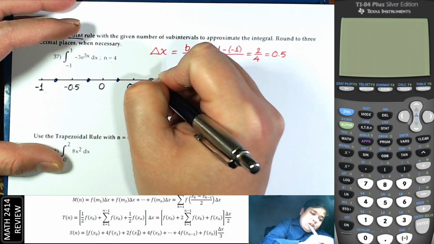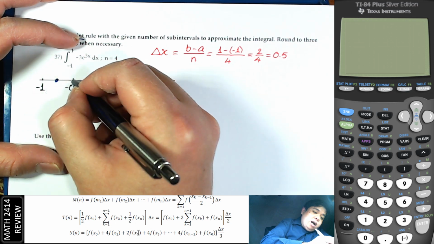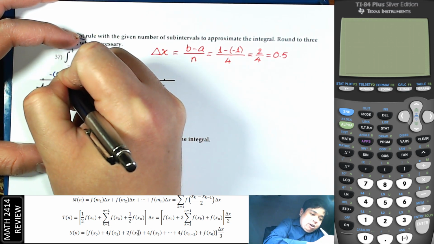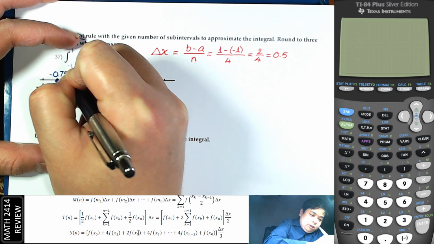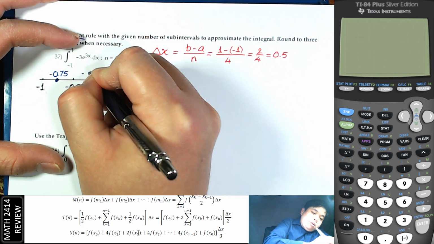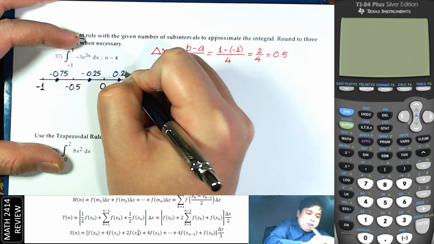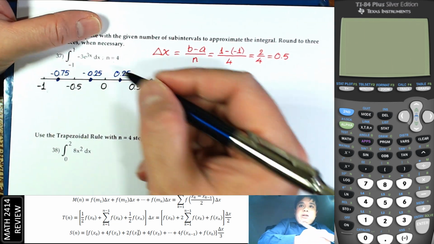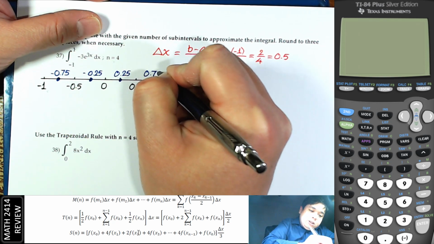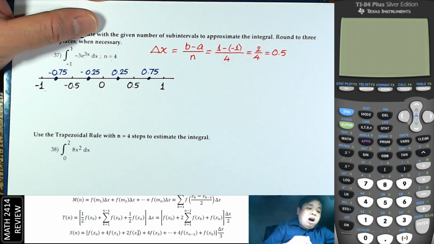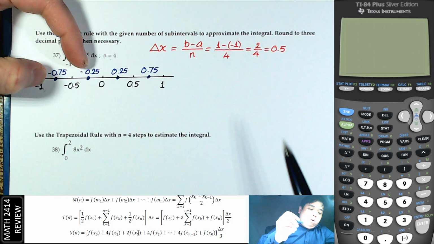And the midpoint is the average of -1 and -0.5, so -0.75, and -0.25, 0.25, and then 0.75. Right, so we evaluate those points to give us the height, and then the width is 0.5.